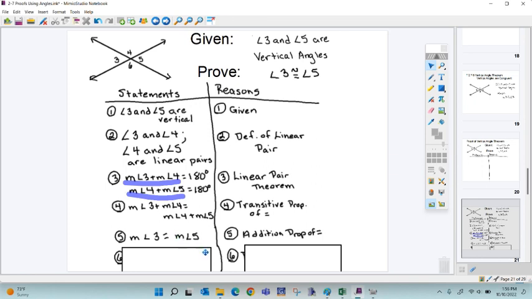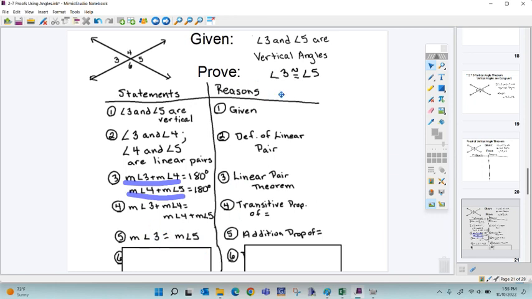But I will be perfectly fine if you wrote the subtraction property of equality here, because what you really did is you took away the 4 from both sides. It's a little more natural that way, and it really does depend on the publisher of the book, whether it says addition property or subtraction property. I will accept either.